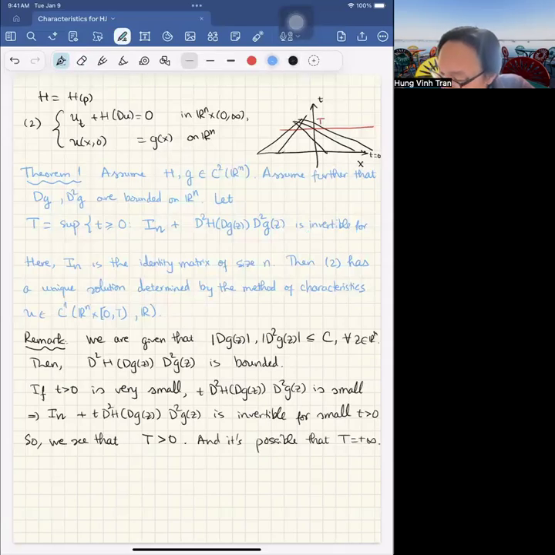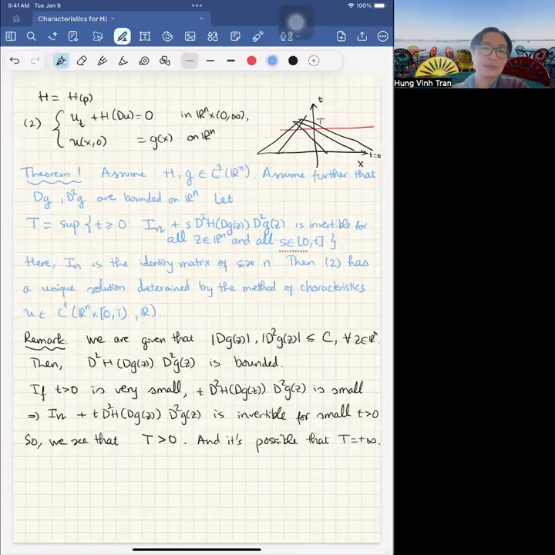So I have I_n plus S times d square of H acting at dg times d square of g of z is invertible for all z in R^n and all S from 0 to little t. Just want it to be invertible for all z and S so that nothing is going wrong.